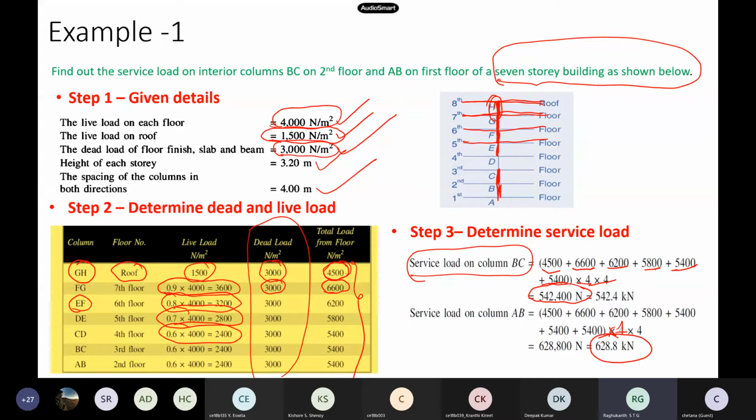What is the load on the topmost column GH? Tell me. What is the total load on column GH? No need to do any calculation. You can tell me what you have to multiply. What is the value? See this table and tell me for GH. Just the roof is there, that's all.